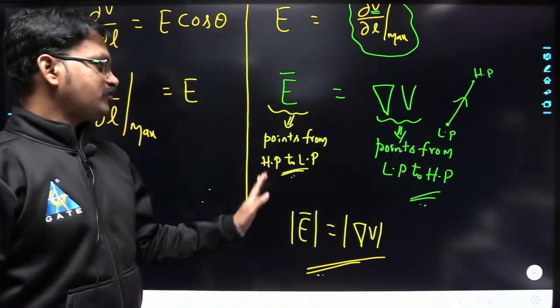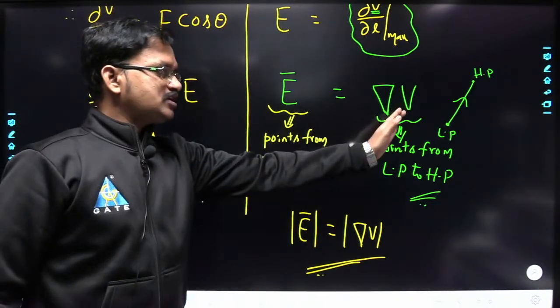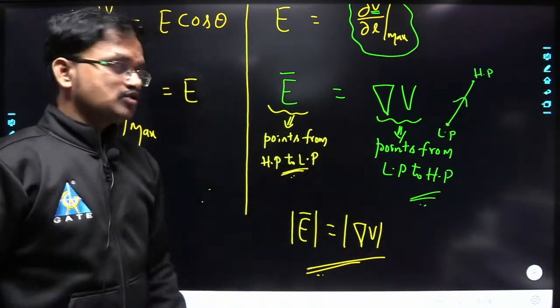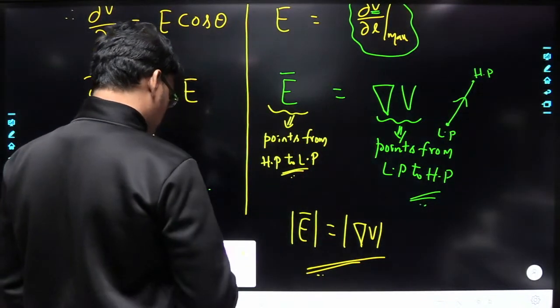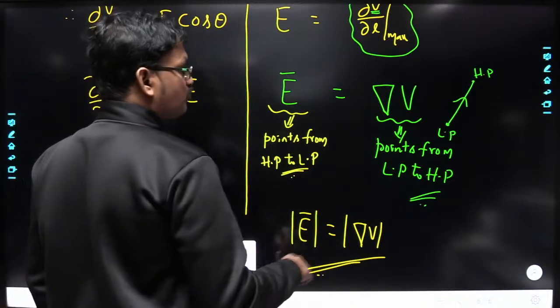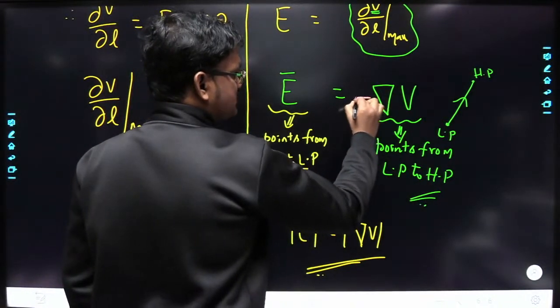It is pointing from higher to lower, whereas the other is pointing from lower to higher. So whenever you are equating these, LHS must be equal to RHS. So what you have to put here? You have to put a minus sign.